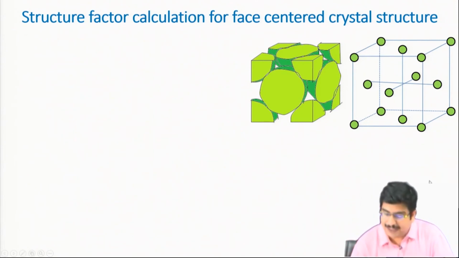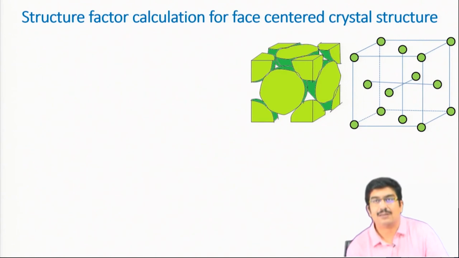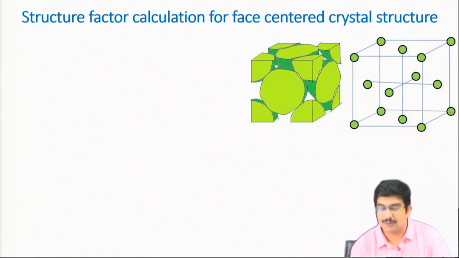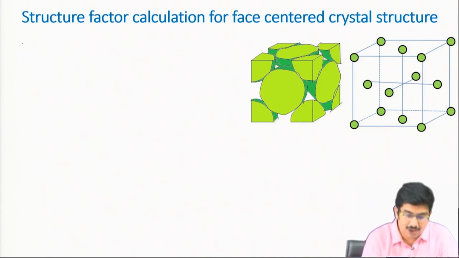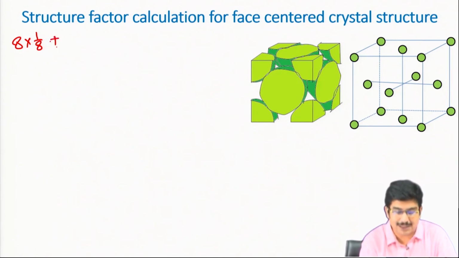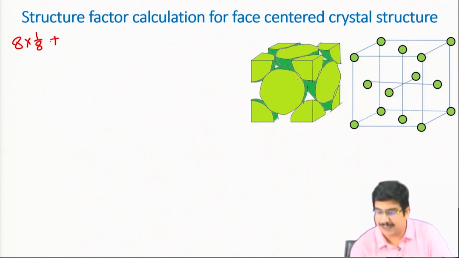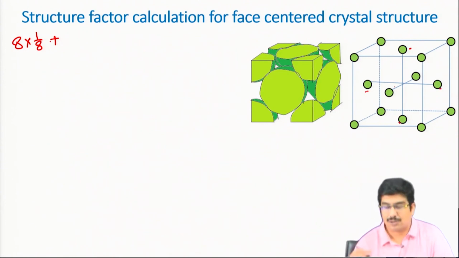So face centered, again it is a crystal structure where you have 8 atoms in the corner. So those 8 atoms in the corner giving us 1, 8 times 1 over 8, plus we have at face center positions 6 of these face centered atoms, but they are shared with 2 unit cells.